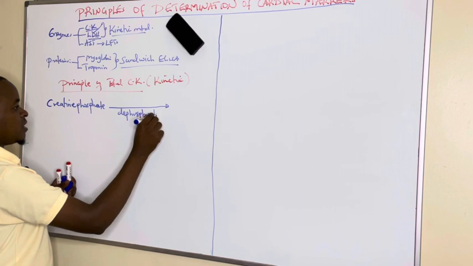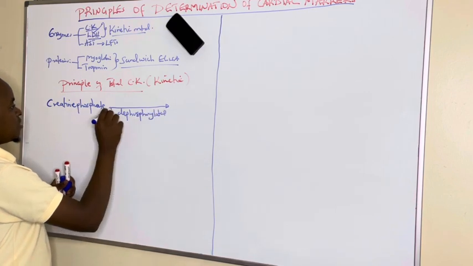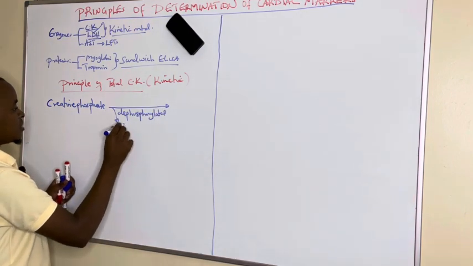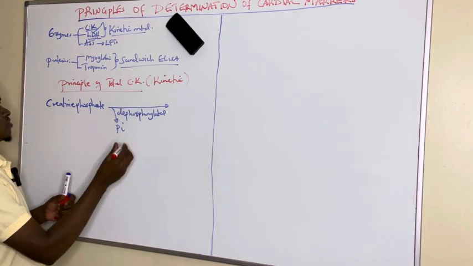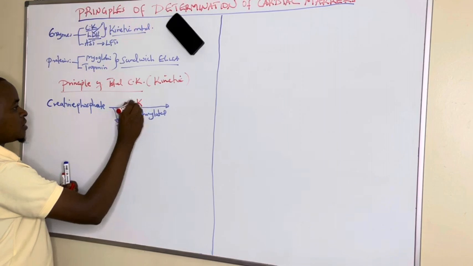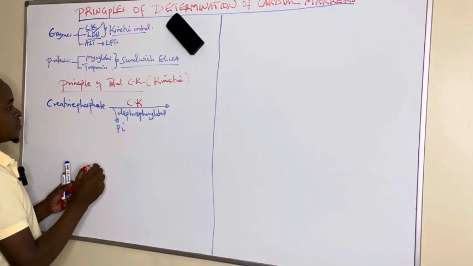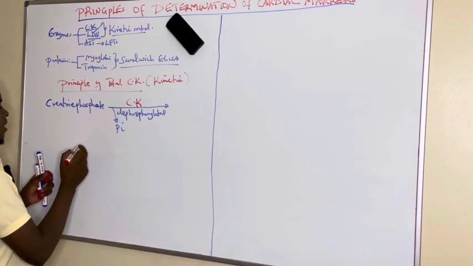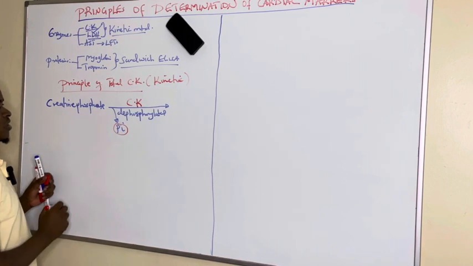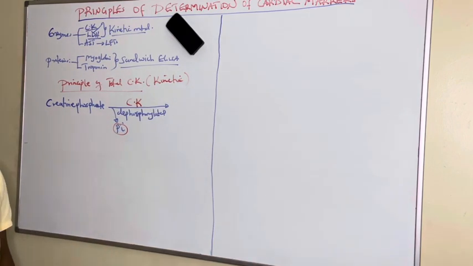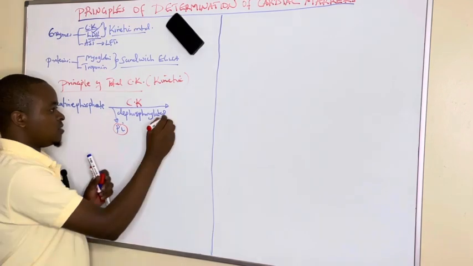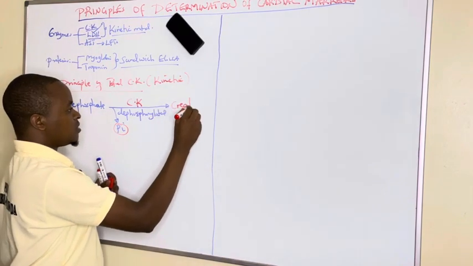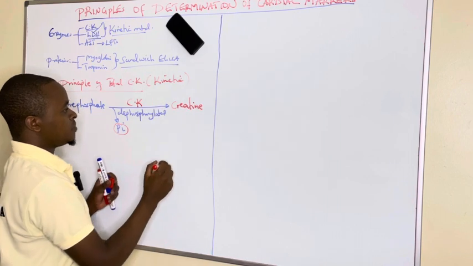This is happening in the presence of creatine kinase enzyme. Creatine kinase is catalyzing the dephosphorylation, or the removal of the phosphate group, from creatine phosphate to form creatine. The result is formation of creatine.